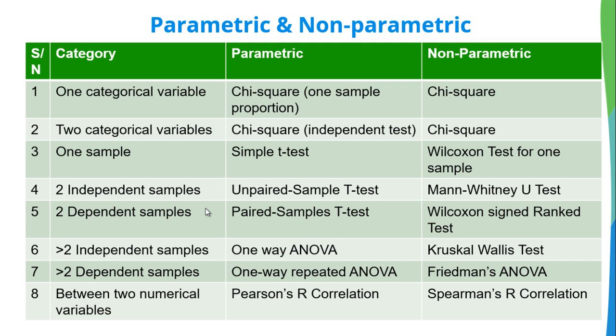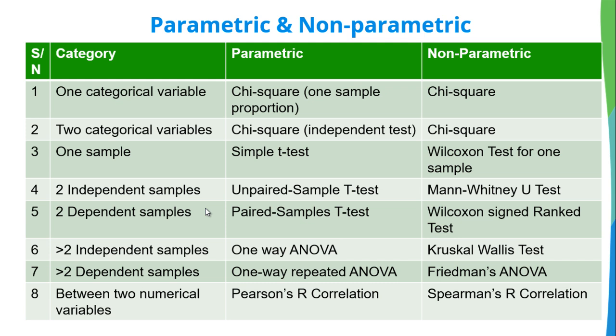For two dependent samples, we have the paired sample t-test and the signed rank test. When there are more than two independent samples, we say one-way ANOVA, and then the Kruskal-Wallis test under non-parametrics. For repeated measures, we have one-way repeated ANOVA and Friedman's ANOVA.